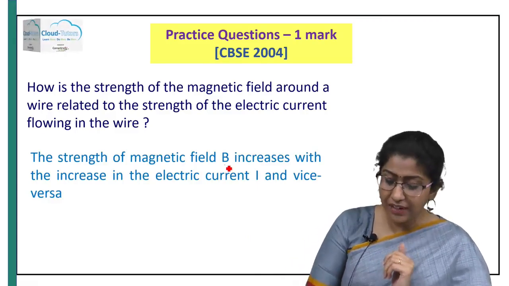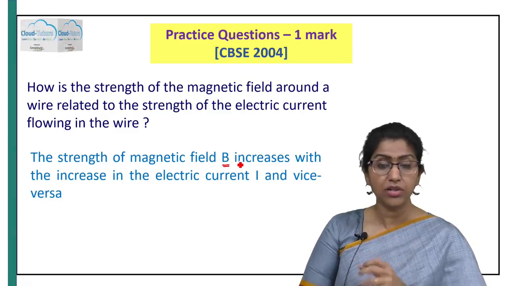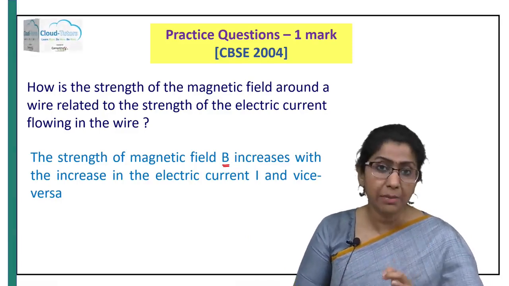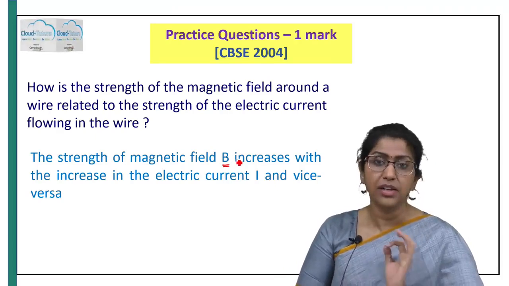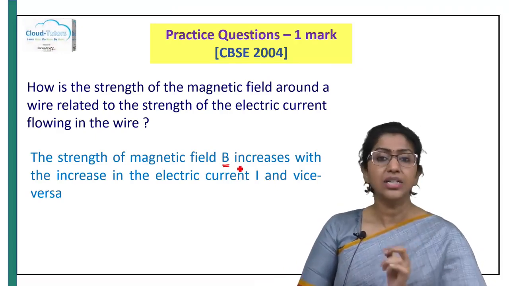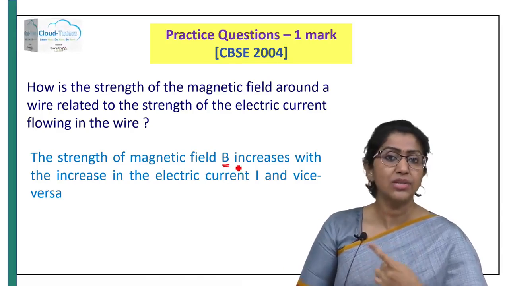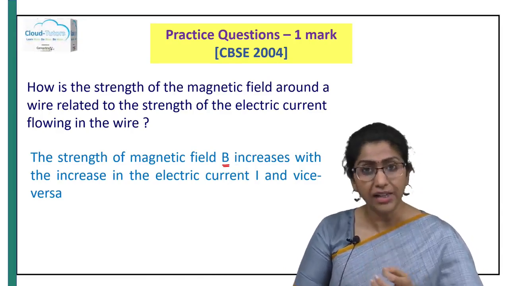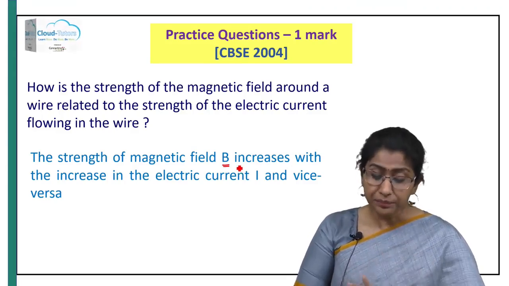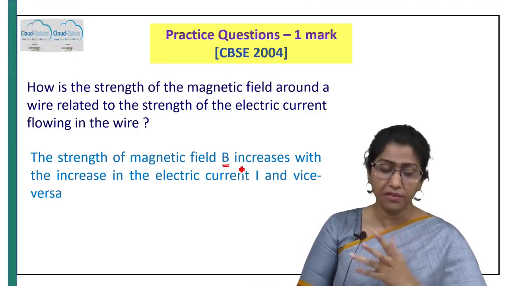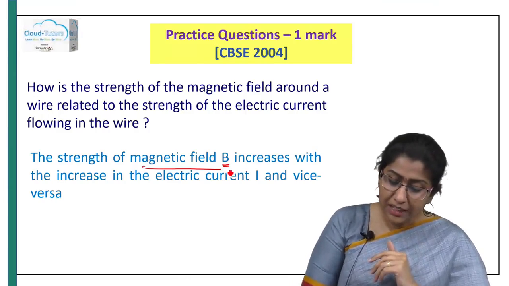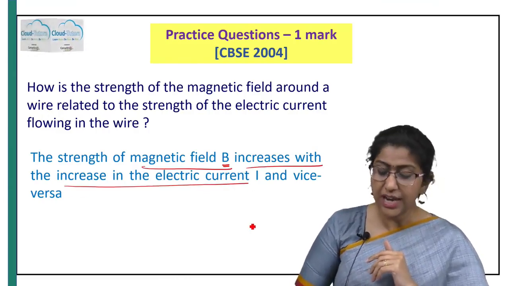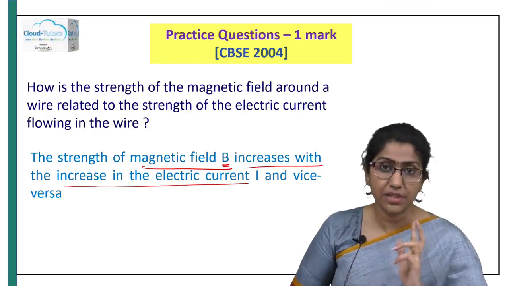Magnetic field is denoted by B, and please remember that magnetic field has both direction and magnitude. It is a vector quantity, right? So how does the strength of the magnetic field induced around a current carrying conductor, in this case simply a wire, depend on these factors? The strength of the magnetic field B increases with an increase in the electric current I, and vice versa.